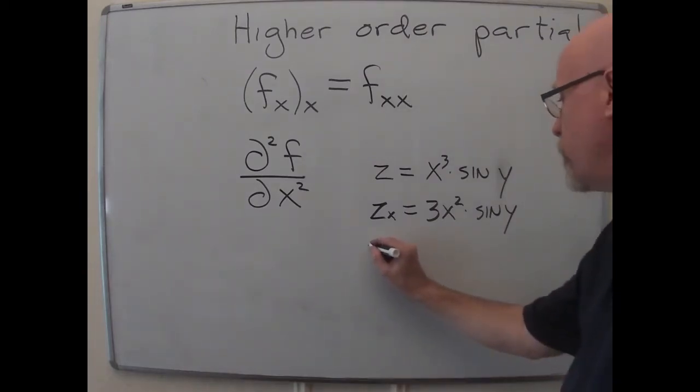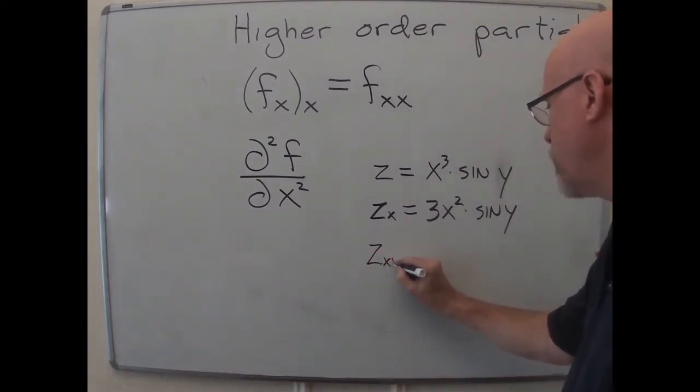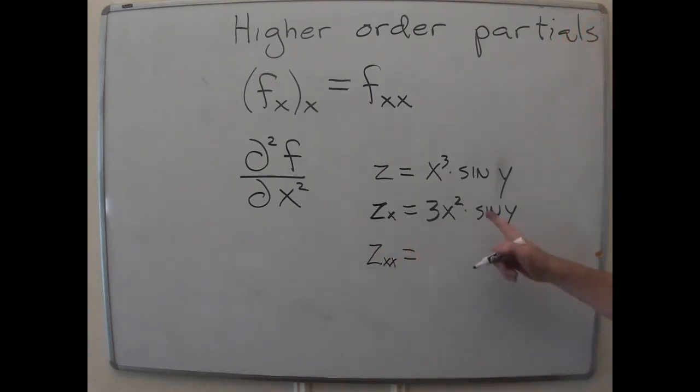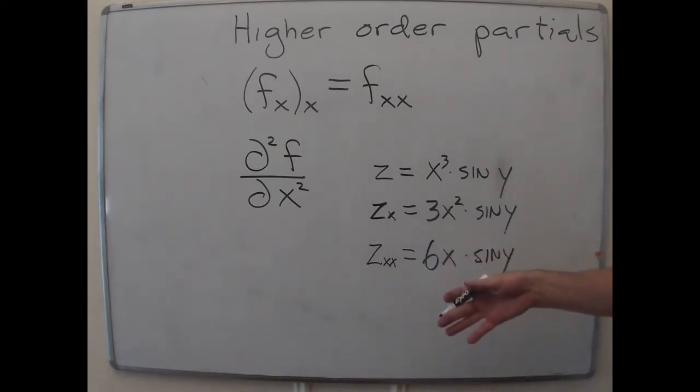If I wanted z sub double x, then I've got, again, a constant in terms, this piece is just fixed, and y is fixed, but the derivative of 3x squared becomes 6x. And there's a tendency of an error people make is to not bring this along because you go, oh, the derivative of a constant, it's 0.